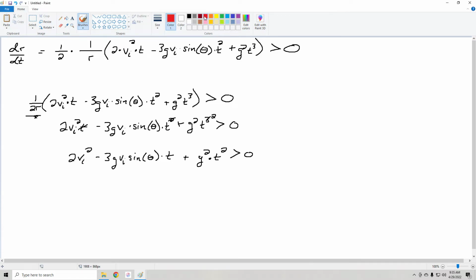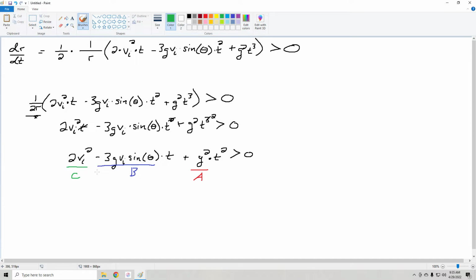In fact, if I label a, b, and c in the same way that I've been doing for the previous problems, here's our a, the g squared. The b is this, minus 3g v initial sine theta. And then for c, it's just this 2 v initial squared. And what are we doing?